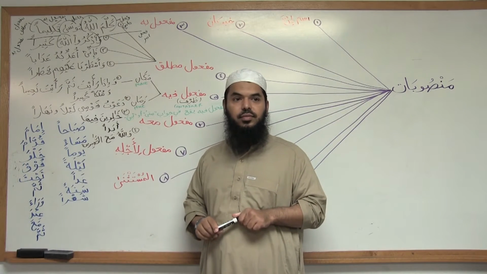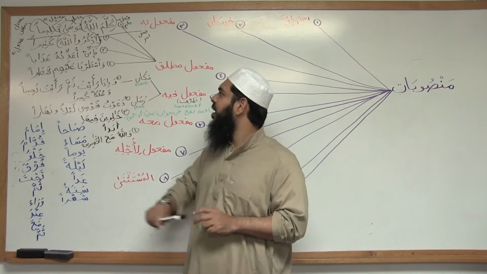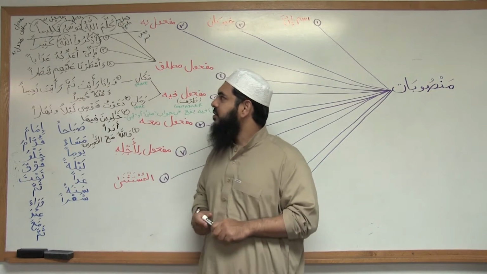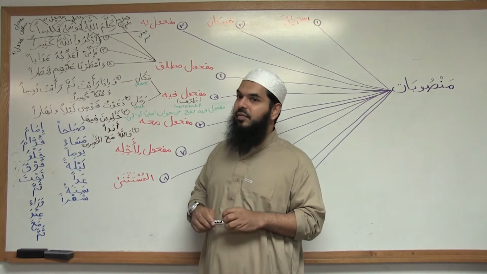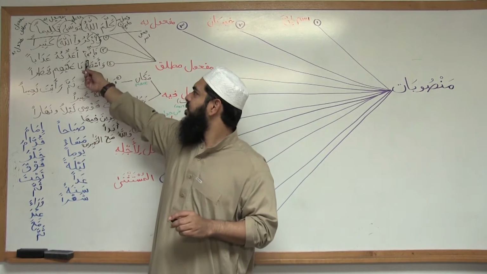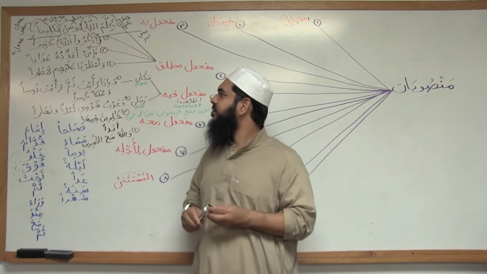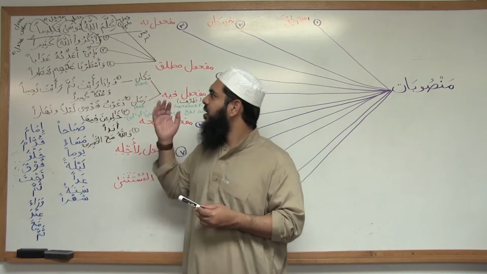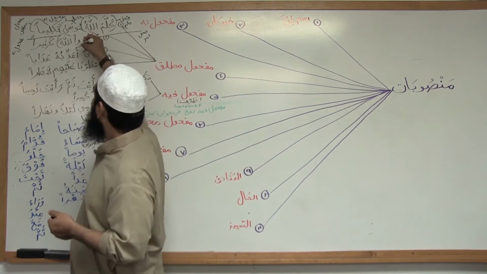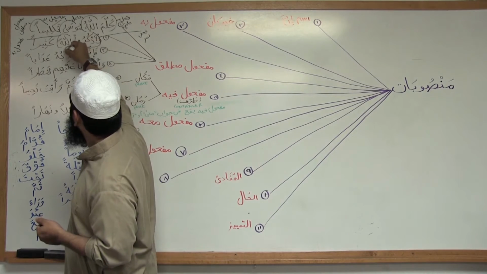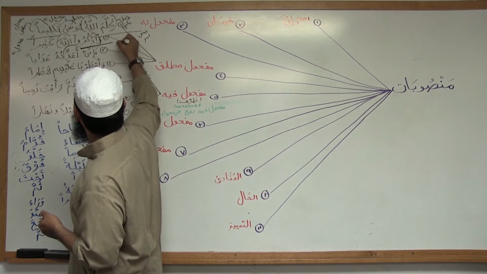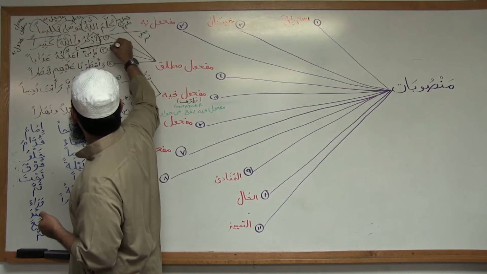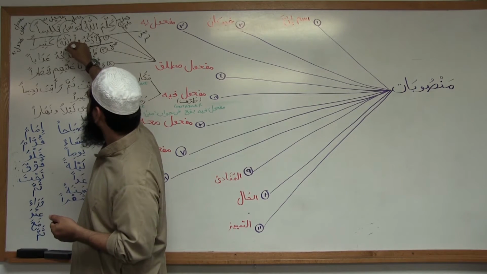Who should we go with? Let's go with Shaykh Abdul Qadir. وَاذْكُرُوا اللَّهَ. No, where did that... فَإِنِّي أُعَذِّبُهُ عَذَابًا. طيب. Fa and inni will leave. أُعَذِّب. This is فعل. طيب.